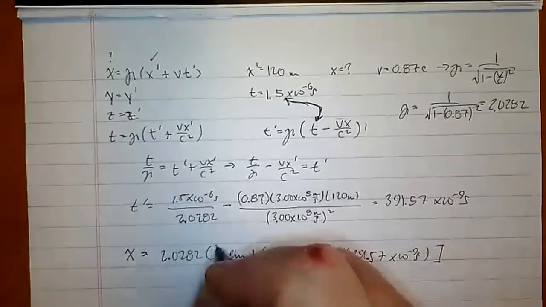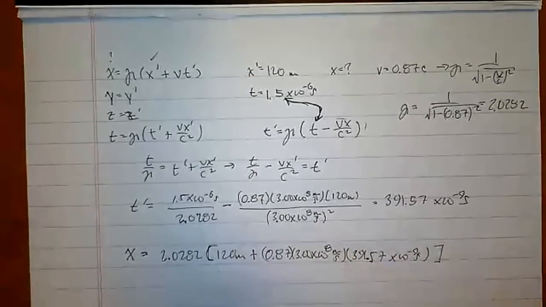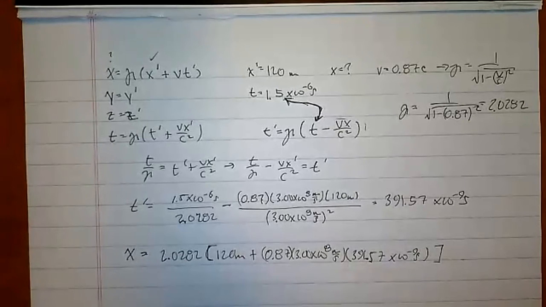I'll put this in a square bracket instead of a parenthesis. So I'm going to say times 0.87 times 3 exponent 8, plus 120. So I got 102 added to 120 there. And then I multiply that by 2.0282.